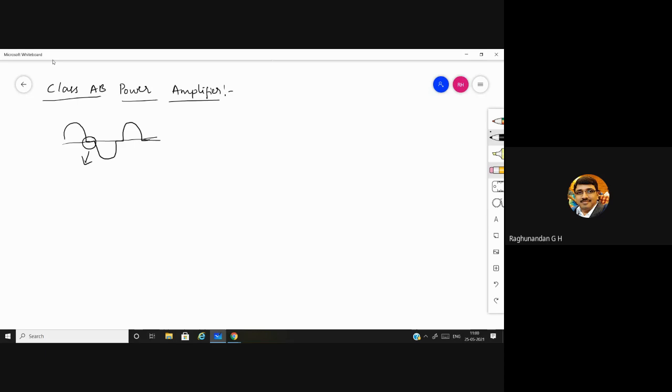This occurs because we are using two transistors. This output is because of transistor 1, and this output is because of transistor 2. Again, this is because of transistor 1. Each of them has a cut-in voltage of 0.7 or 0.3, based upon what kind of transistor you are using, whether a silicon transistor or a germanium transistor.